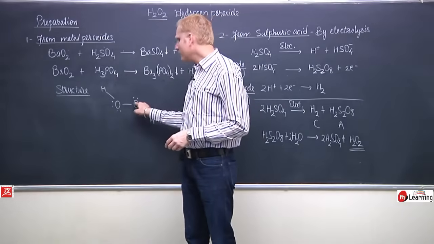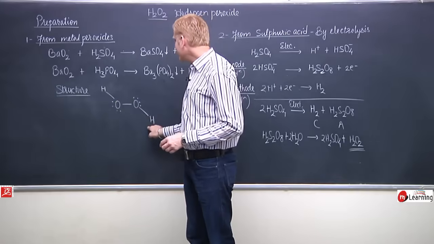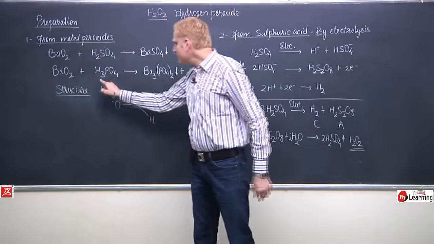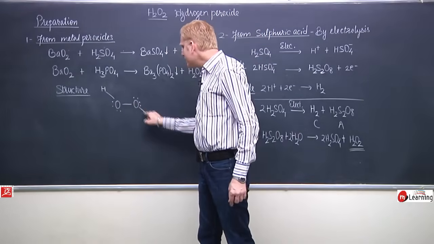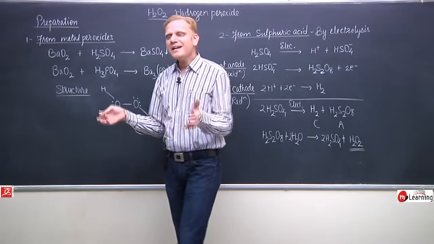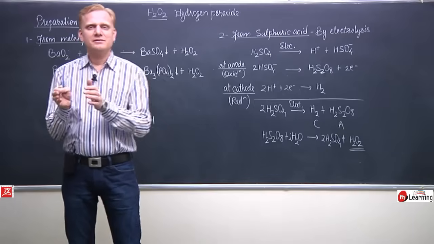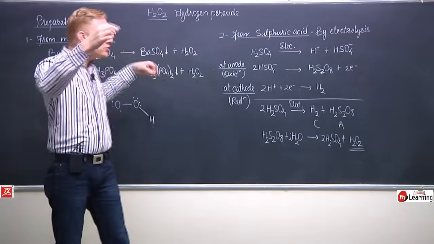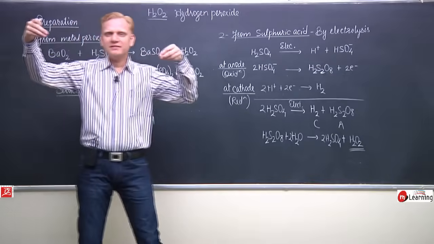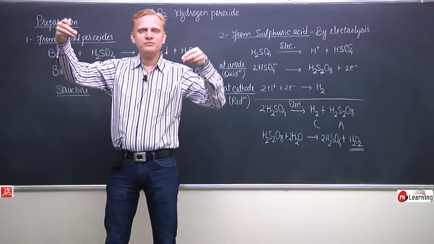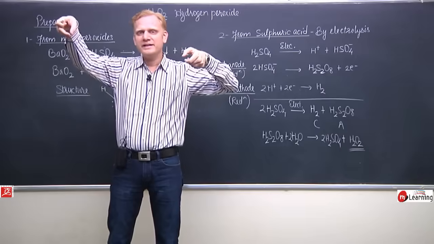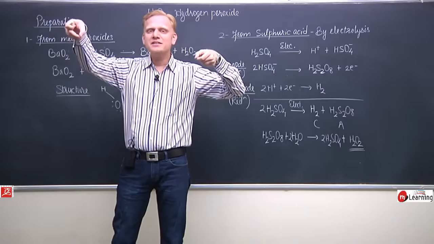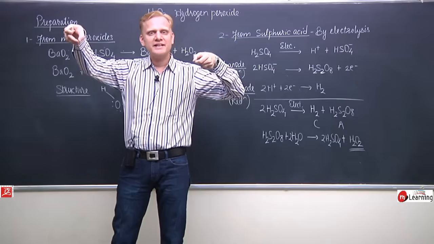A similar thing holds for the other oxygen. This V-shaped arrangement and that V-shaped arrangement collectively give the molecule the appearance of an open book. These two hydrogens are placed at the two opposite ends of the book. If I am holding the open book from these two opposite ends, you can imagine these to be the positions of the two hydrogen atoms.